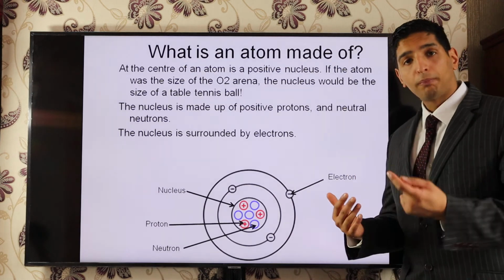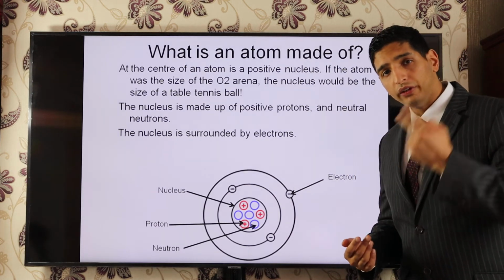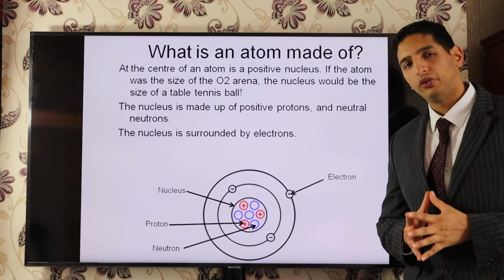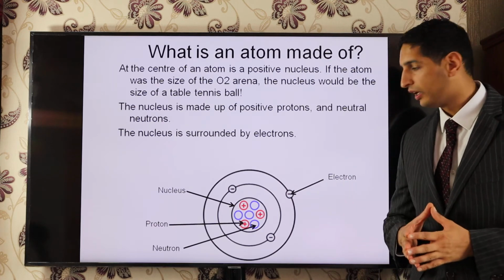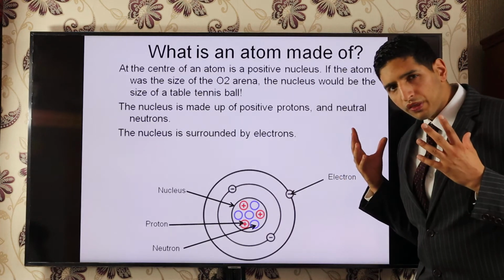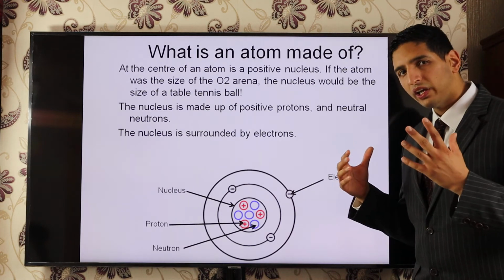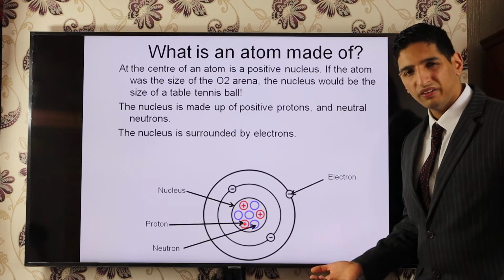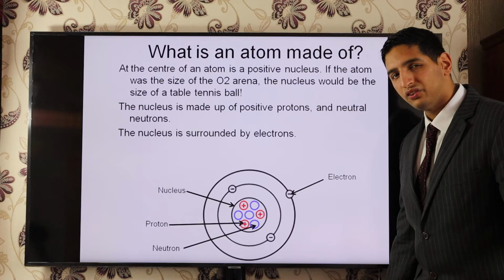The mass of a proton is 1, the mass of a neutron is 1, and the mass of an electron is 0.005, almost nothing. Most of the mass of an atom is located in the dense part of the nucleus. The rest of it is not really dense at all.